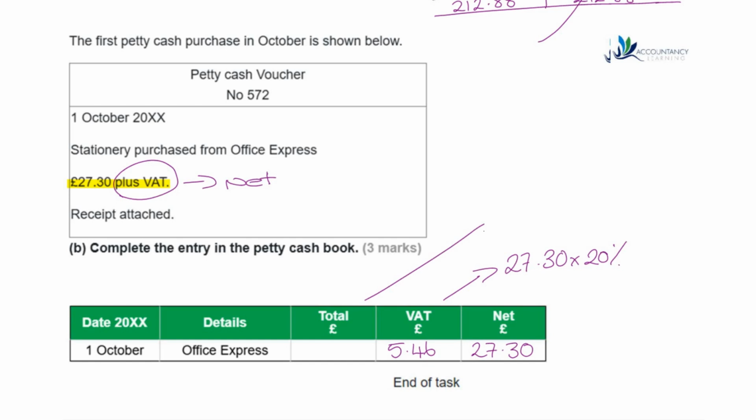And then our total is our net amount plus our VAT amount, to give us £32.76. So with these questions, it's really identifying, is it plus VAT or is it VAT inclusive? So plus VAT is your net amount, or including VAT is your gross amount. That brings us to the end of task 8.